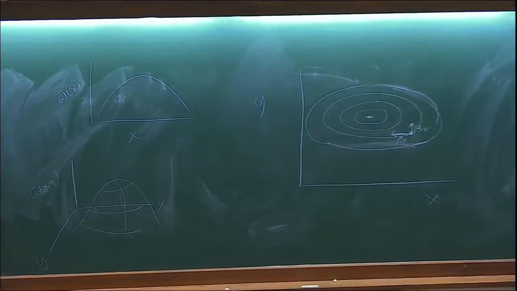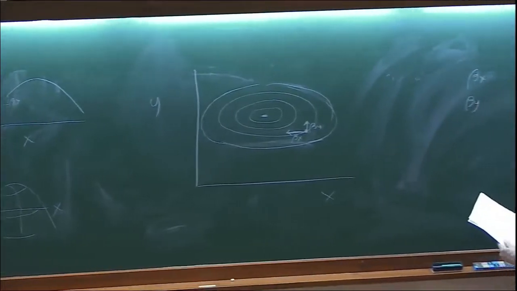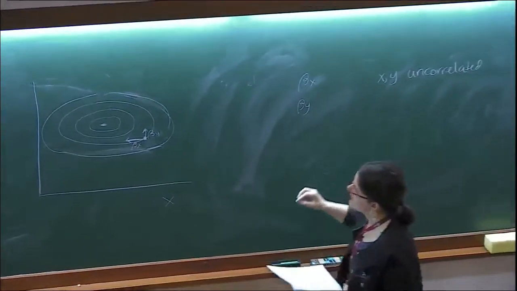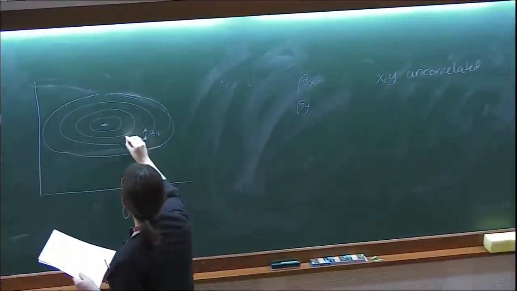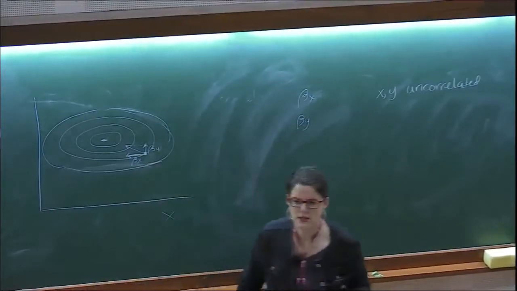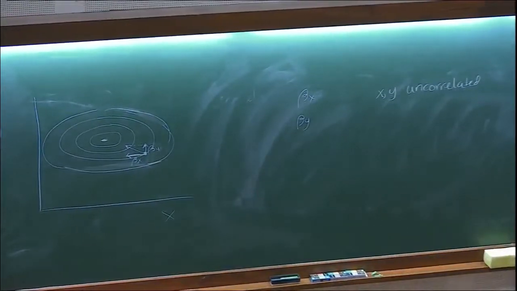Okay, so if x and y are genetically uncorrelated, then it's very simple to think about what will happen. We just do vector addition, and we're moving to maximize fitness. It's wonderful.